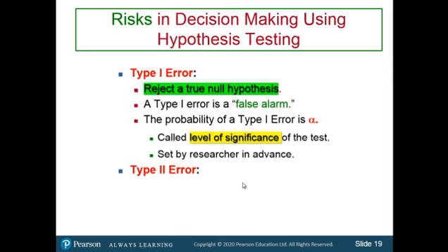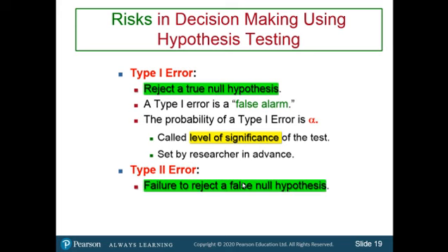The other type of error is called type 2 error. It happens when we fail to reject a false null hypothesis. A failure to reject a false null hypothesis is called type 2 error. Type 2 error represents a missed opportunity.